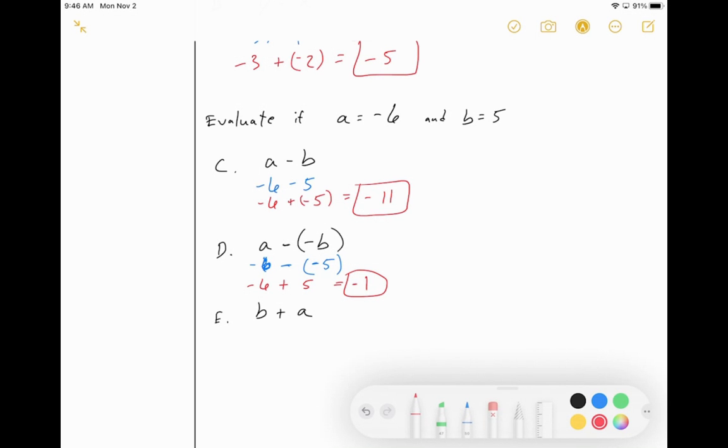So let me write this out again. So this is a, which we know is -6, minus b, which is 5. You see that? The minus stays, the b becomes 5, the a becomes -6, and the minus stays as a minus.